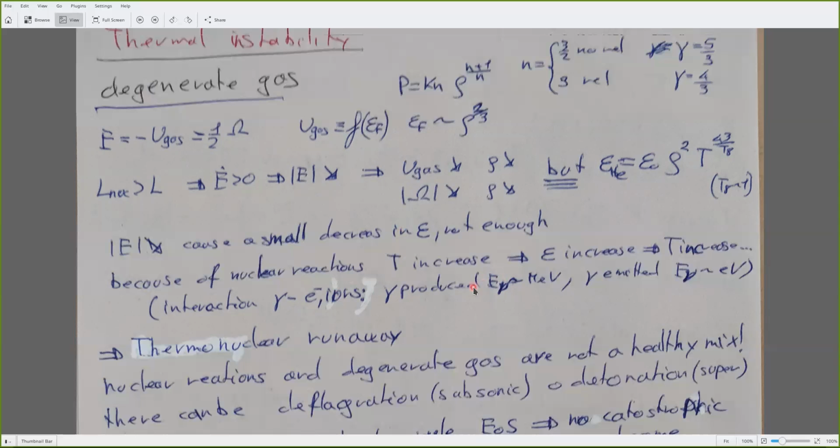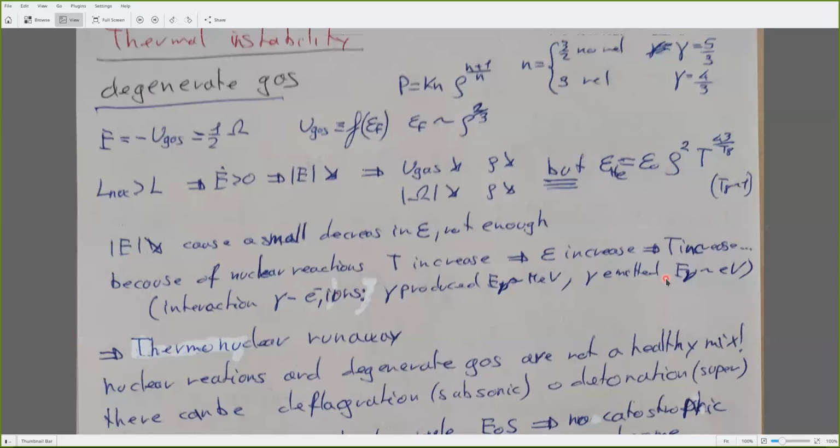Just to remember, when the nuclear reaction produces photons, they are on the order of megaelectron volts. The photons that are emitted by the sun are of the order of electron volts. It's a change of a factor of 1 billion.